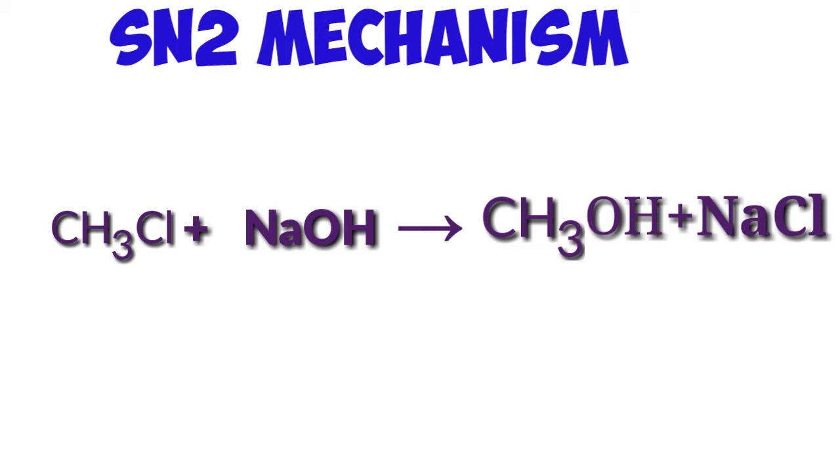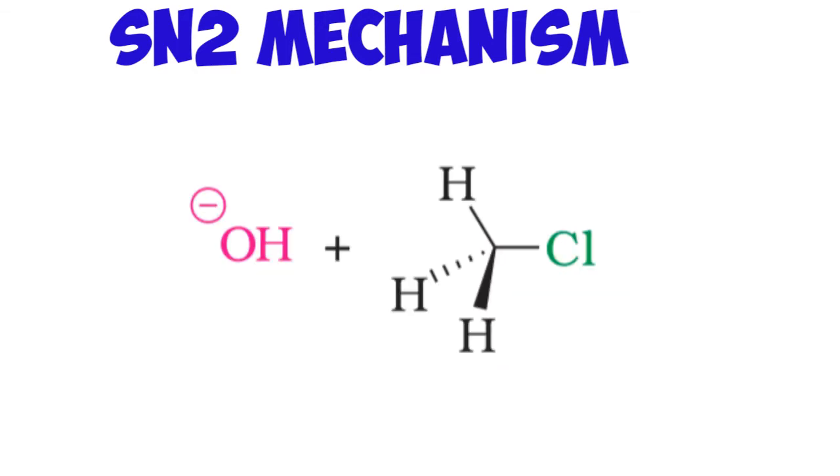Okay. So we can start the mechanism now. Here you can see the three-dimensional picture of methyl chloride. And this bond, that is the solid wedge, represents the bond towards you. That means the bond coming out of the paper. Here paper is not there, so the bond represents the bond coming out of the screen.